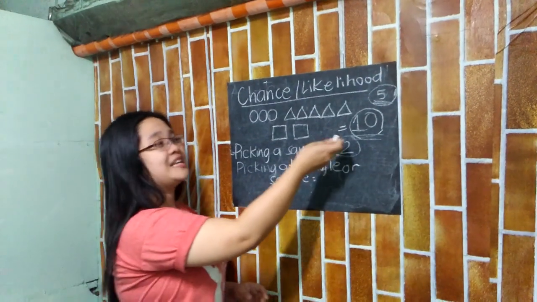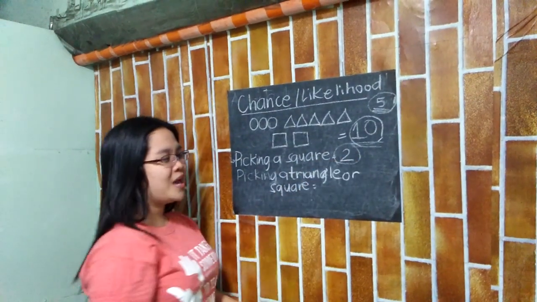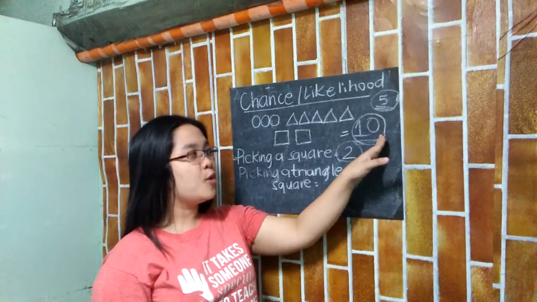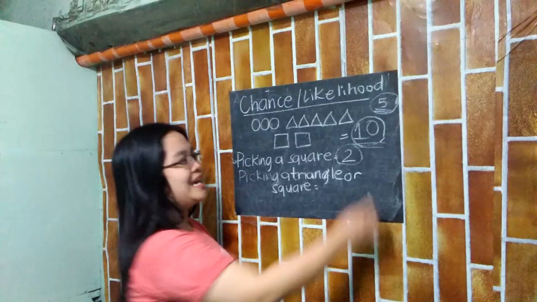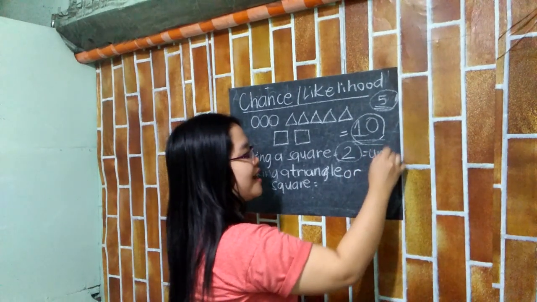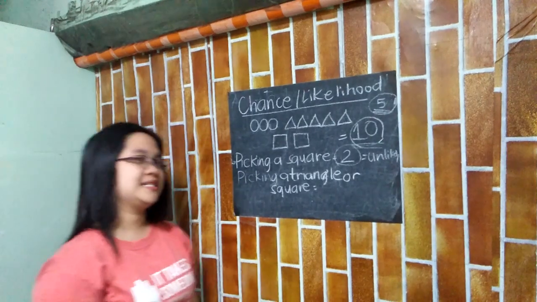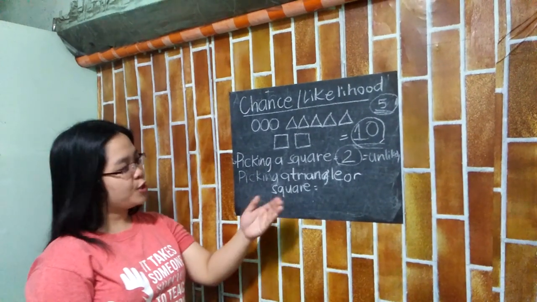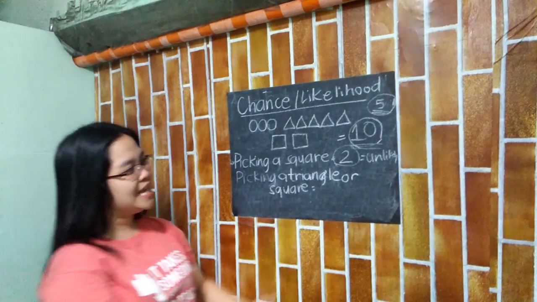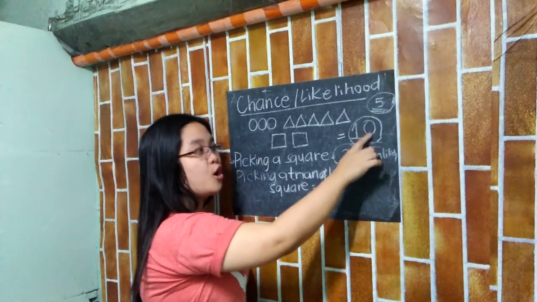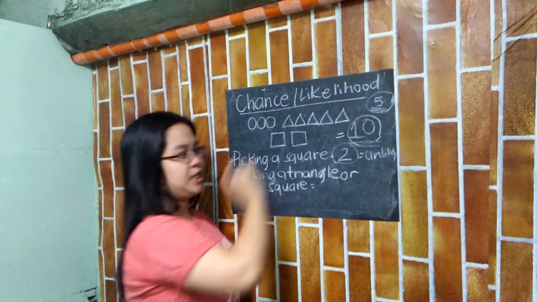So as you can see, it's less than half. So basically, when it is less than half of our total number, it is what we call unlikely chances. Okay? So, unlikely meaning the outcome is less than the half of the total outcome.